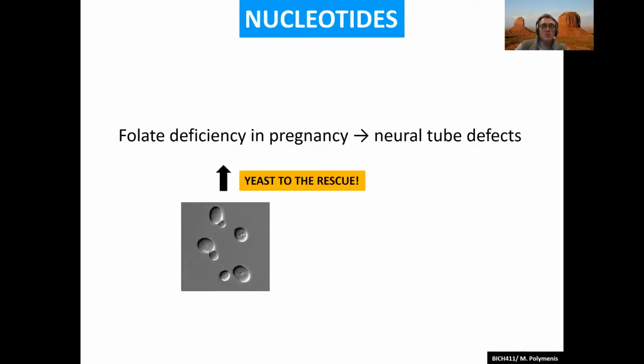Yeast is very rich in folates, and you can still find this stuff. It's called Marmite or something in Australia and England. It's supposedly tasty, and people put it on their bread. But it was given in the 20s, especially to pregnant women, to alleviate folate deficiencies and neural tube defects.